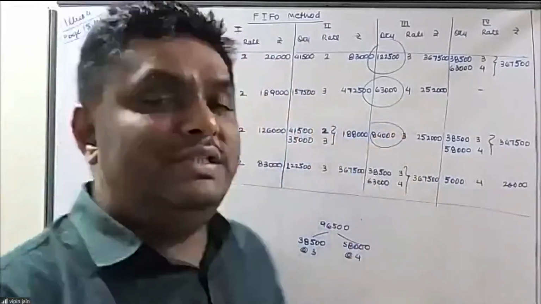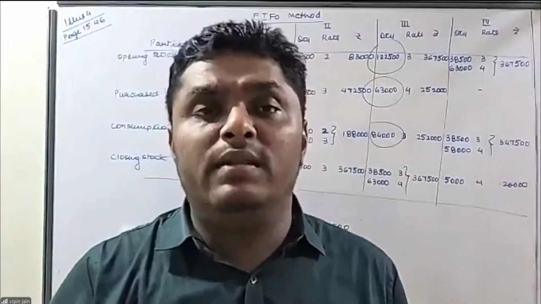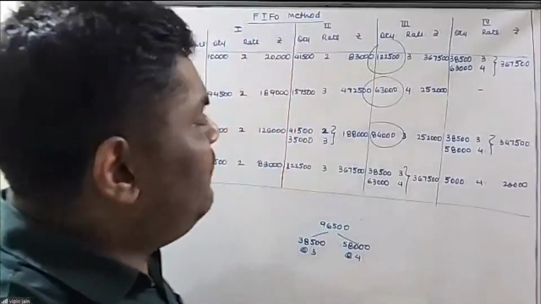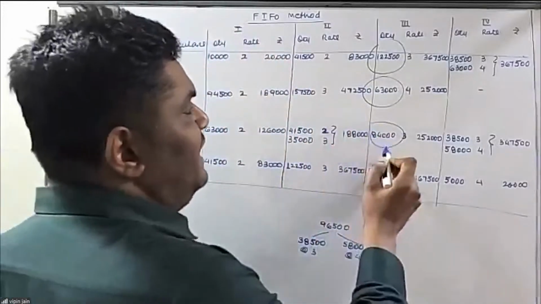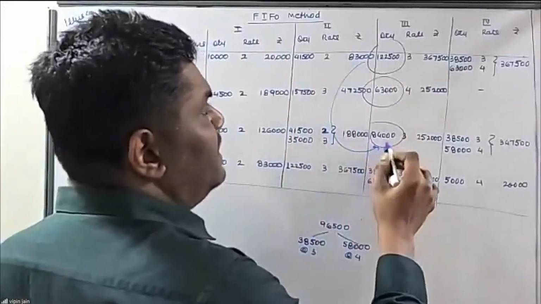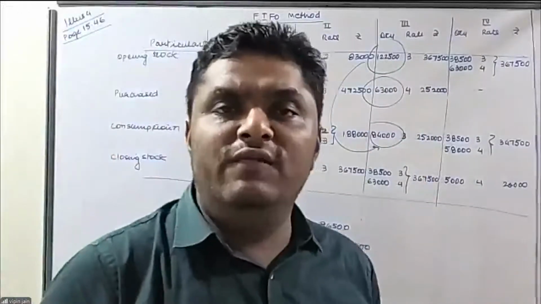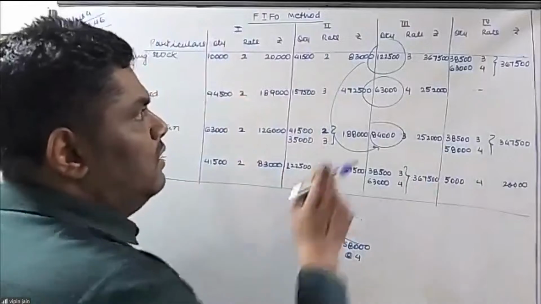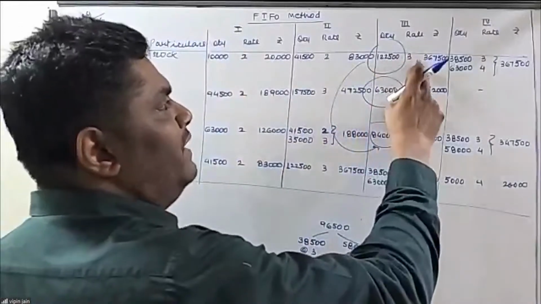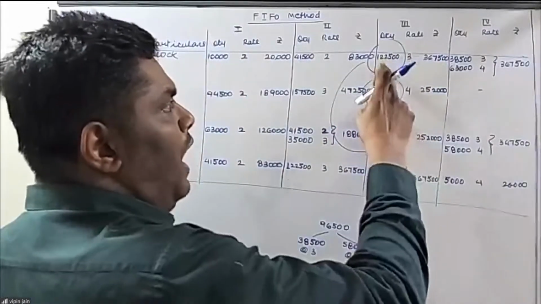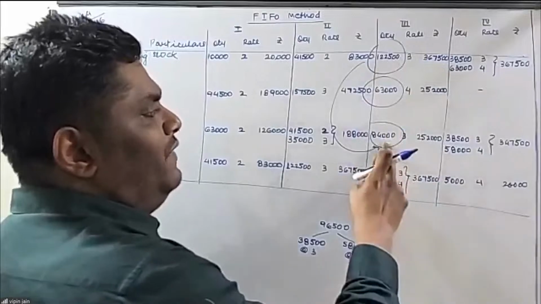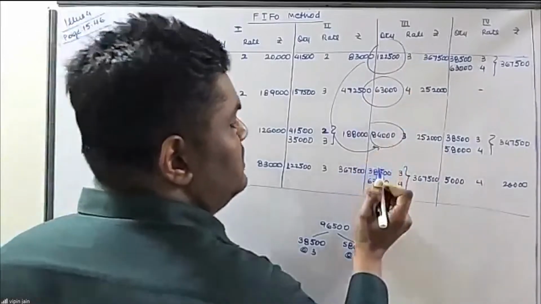84,000. Since we are using FIFO method, this 84,000 will be consumed from the opening stock, that is 122,500 at the rate 3. So out of 122,500, 84,000 is consumed.